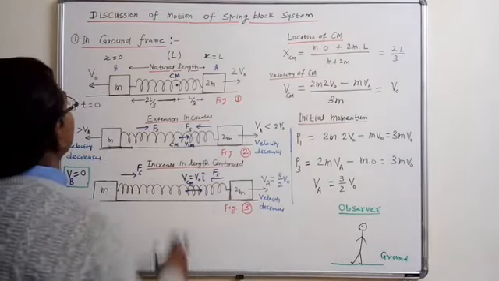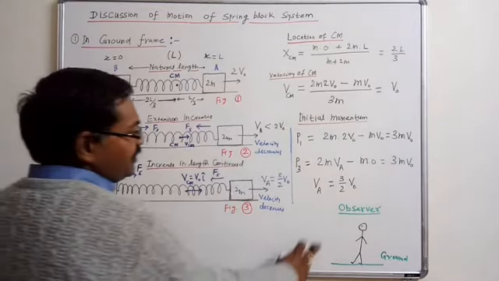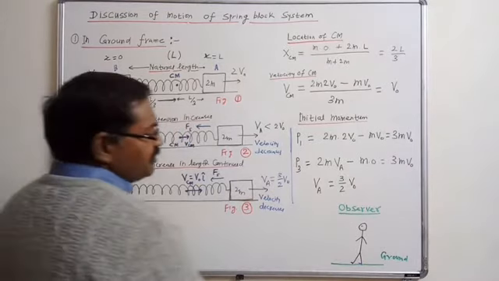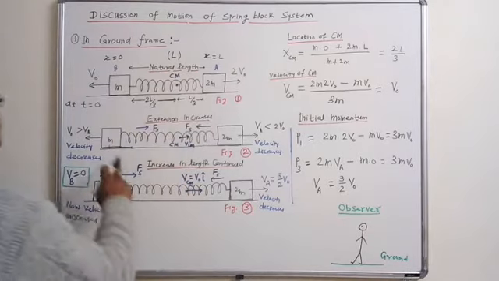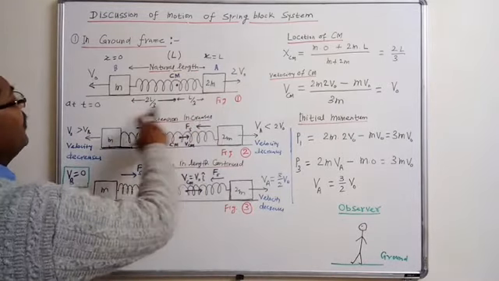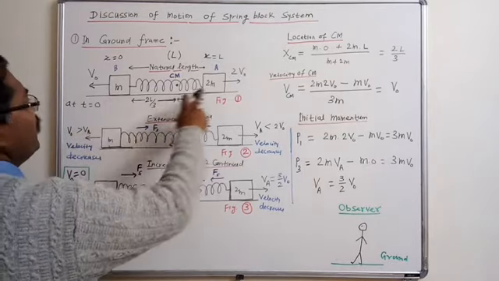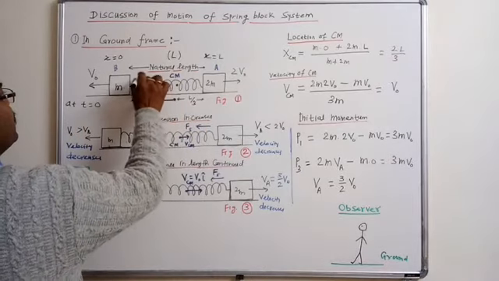In this case, when the problem is being looked from ground frame, means this is an observer who is looking at all these events. Observer is at ground. In first state, figure 1, there are two blocks having mass m and 2m connected with a spring, say spring constant k.